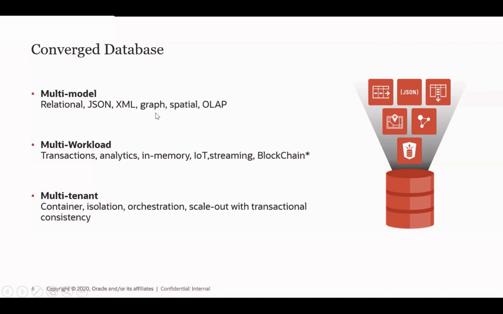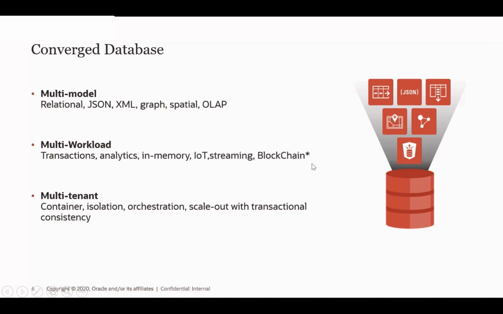When it comes to multi-workload, the converged database is optimized for various workloads, be it a transaction workload, an analytic workload, or an in-memory workload. These are very different workloads, but all of them can reside and be hosted on one database.